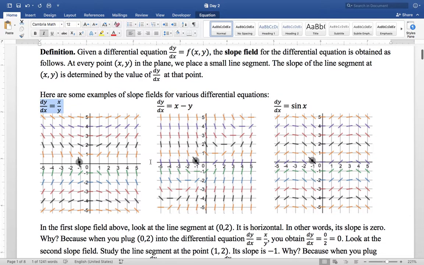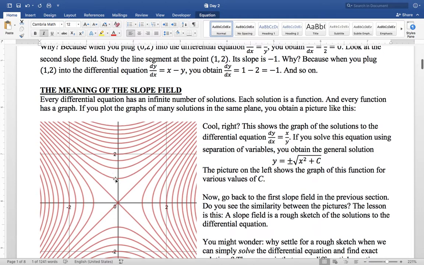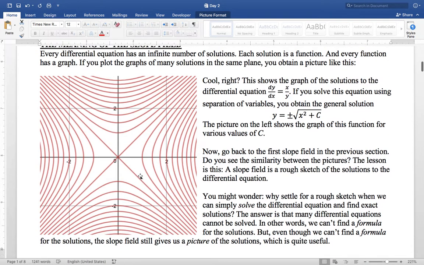So what's really happening? Well, the slope field associated with the differential equation is kind of like a rough sketch of all of the possible solutions to the differential equation for different values of c.